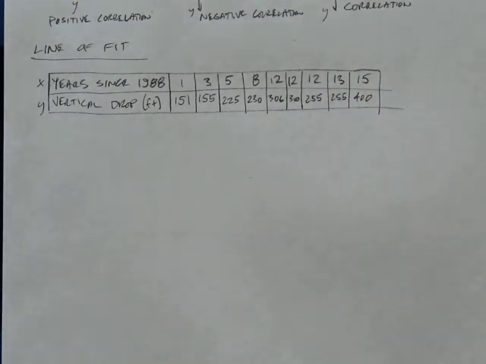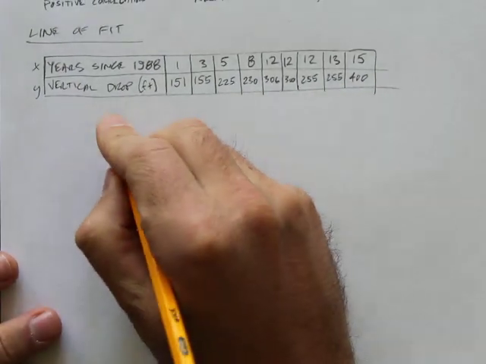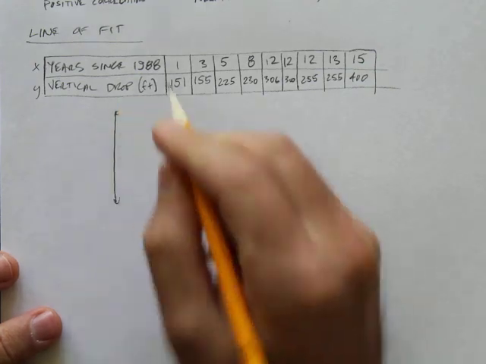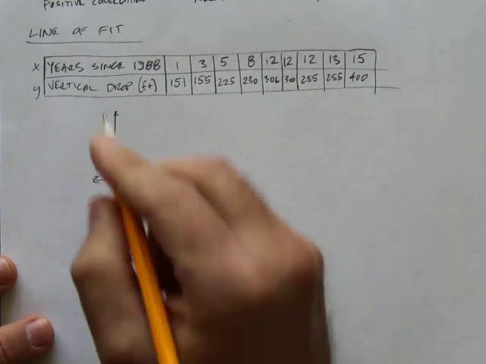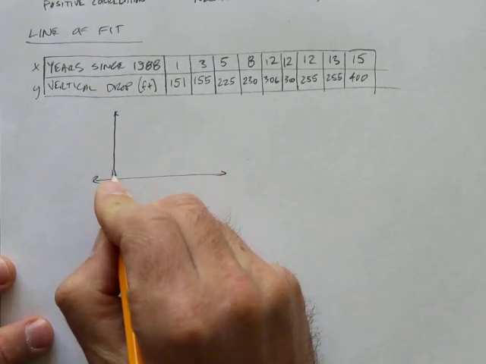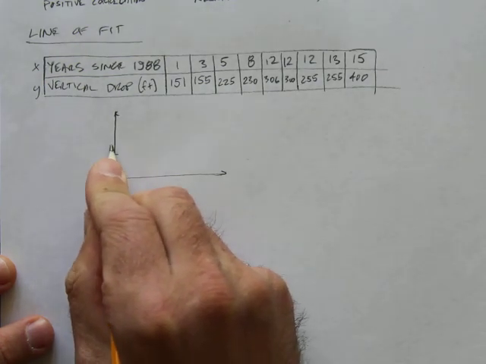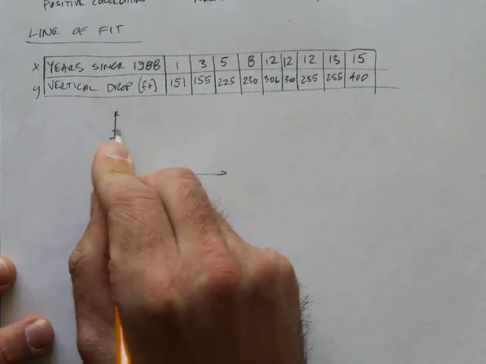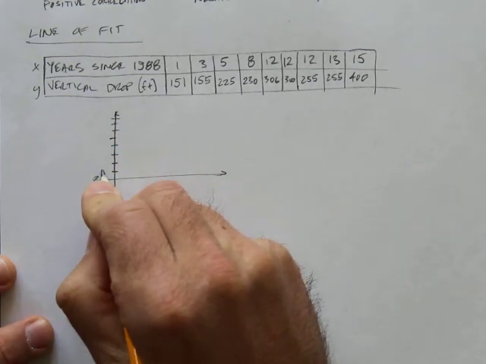Yikes. Okay, so now we have all this data here, and we're going to plot all of these points. We're going to separate this up into 50s. So we'll go 50, 100, 150, 200, 250, 300, 350, 400. Let's mark those off.